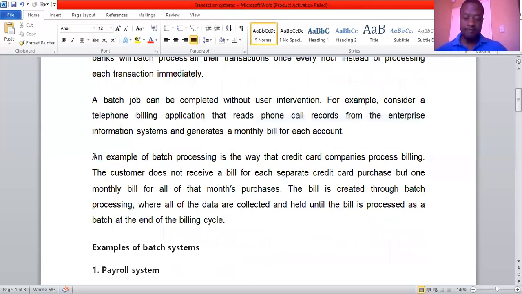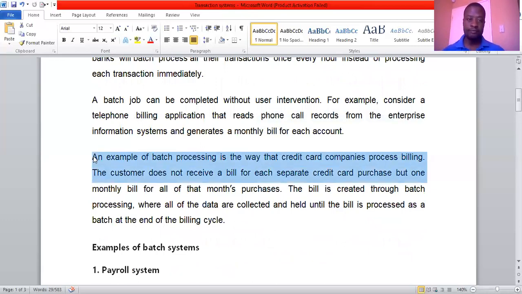An example of a batch processing system is the way that credit card companies process billing. These are some of the examples that explain what a batch processing system is. The credit card companies process your bills.